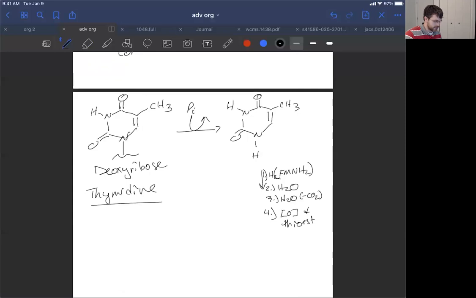What we ultimately get is a very similar molecule, a malonic acid half thioester, where the thioester is a CoA thioester, except now we have a CH3 present.